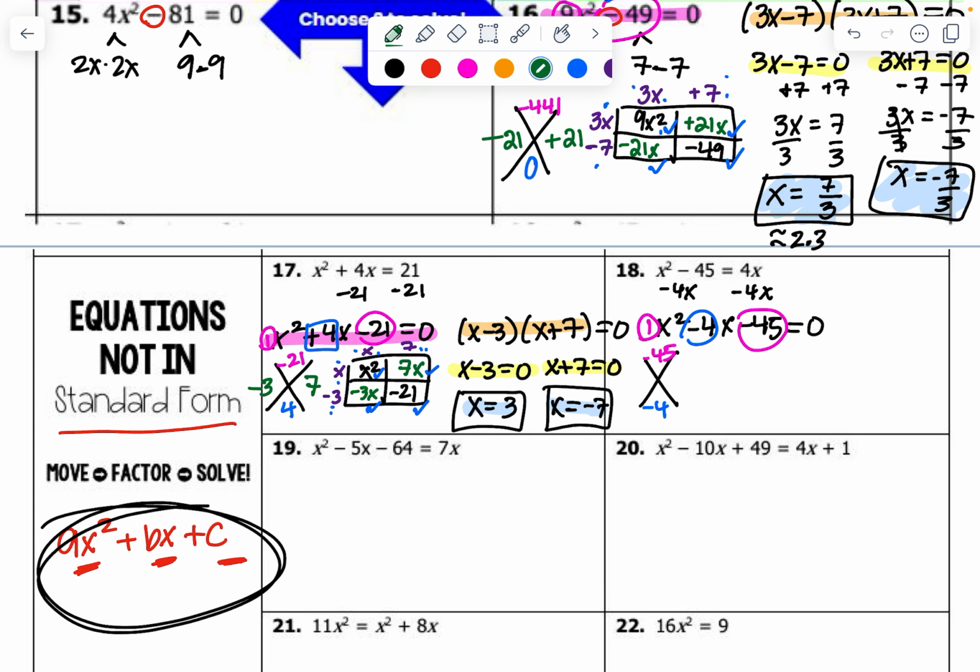So using my factor, that's going to be 5 and 9. And then one of them needs to be negative, and I need it to be negative 4, so I'm going to make the bigger one negative. All right, now we're ready to use our box.